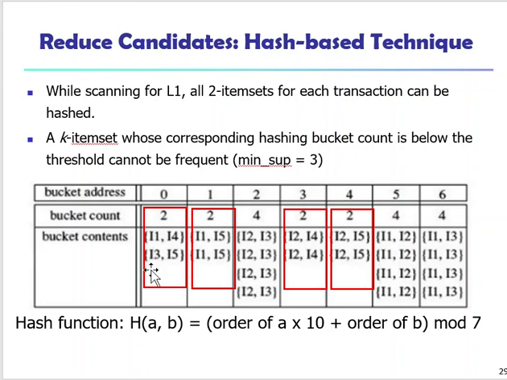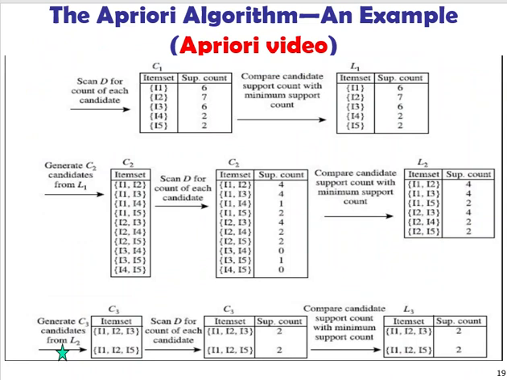Here we see that these 2 inputs, although different, are hashed into the same bucket. And their total count is less than 3, then their individual counts can never exceed 3, right? Therefore, 3 and 5, and 1 and 4, cannot be frequent. We don't actually need to consider them. Therefore, this method helps us to reduce the length of this candidate set.